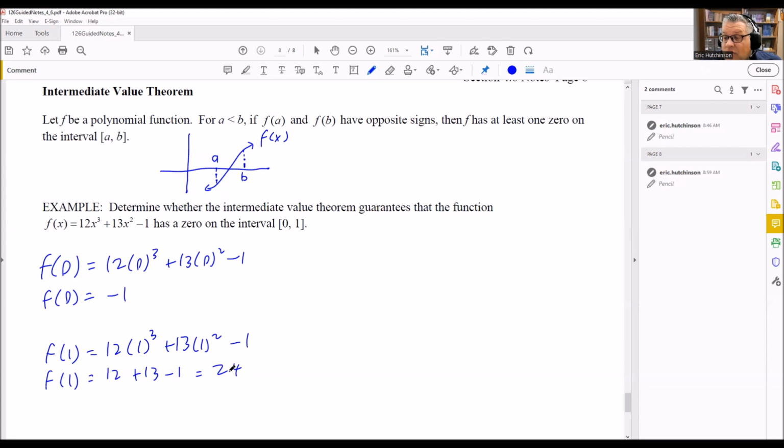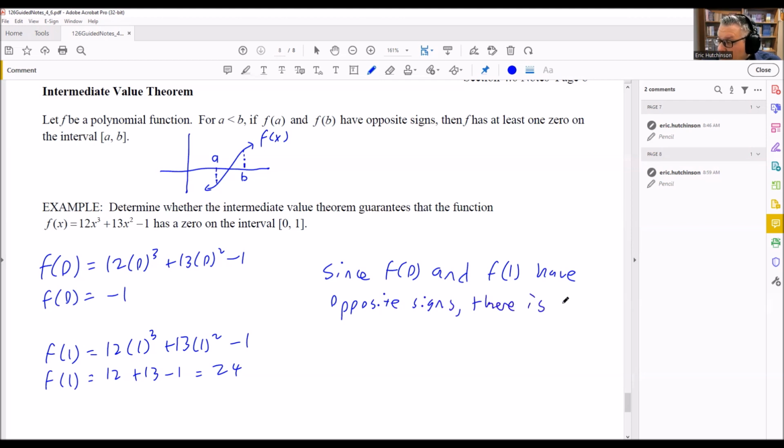They have opposite signs. So since f of 0 and f of 1 have opposite signs, there is at least 1 zero on the closed interval 0 to 1.